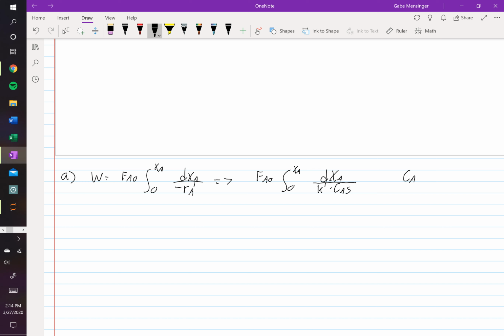And when we are assuming that it is mass transfer limited, we can write the flux WA to be like this. We have KC times CA minus CAS. And that was in the slides.